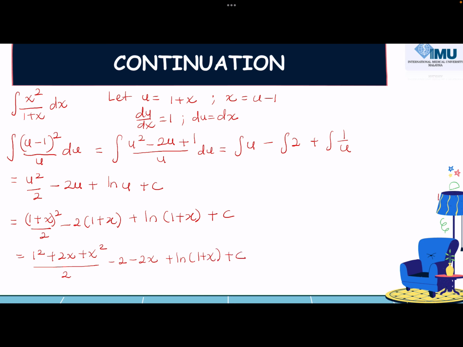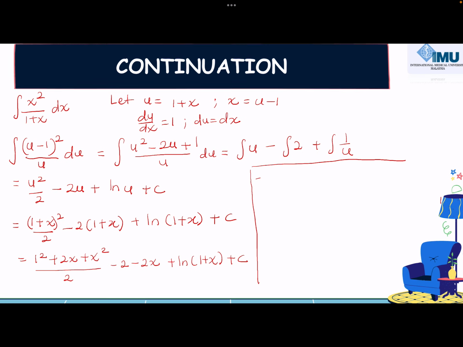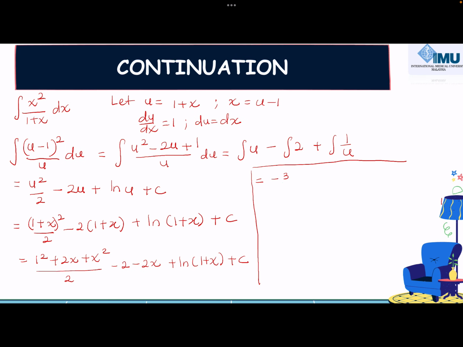Now, let's look into further simplification. 1 squared over 2 minus 2, what will happen? Yes, you will get negative 3 over 2. 2x over 2 is x. x is positive here. Positive x minus 2x, yes, you get minus x. x squared over 2 does not have any term to be simplified, so it is x squared over 2 only.